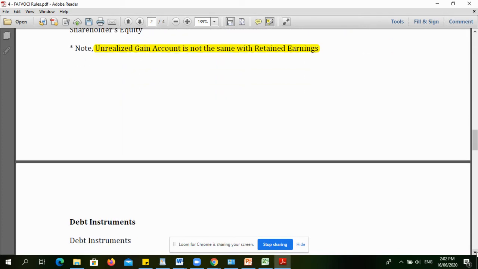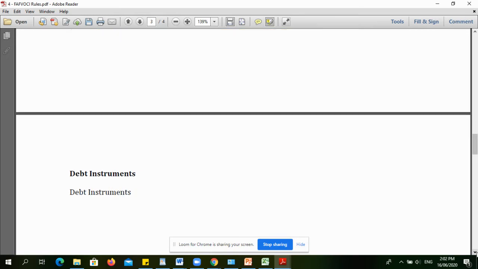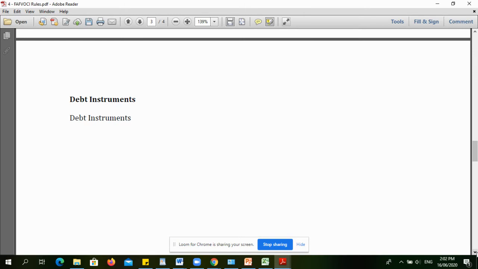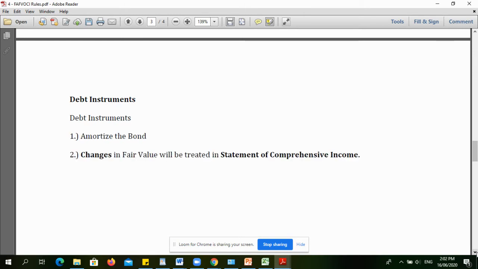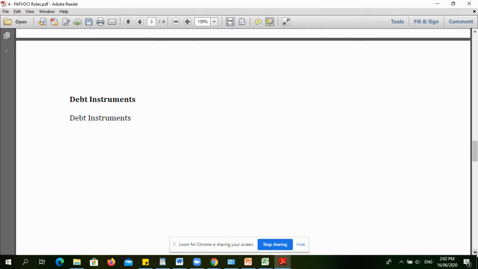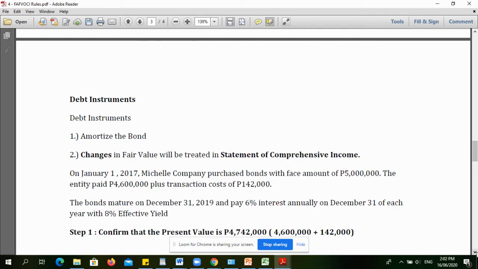Okay, let's try to look at how about debt instruments. Remember that the business model for FAFVOCI securities is solely for the collection of principal and interest and for selling. So what does it mean? Meron tayong dalawang gagawin.